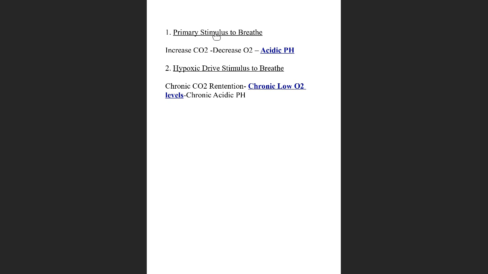Now, if the primary stimulus to breathe is not present, for whatever reason, it could be that area of the brain is damaged, it could be the patient has been exposed to toxic gases or fumes or smoke over an extended period of time, over years, like somebody that has been smoking for years, or working in a chemical plant.